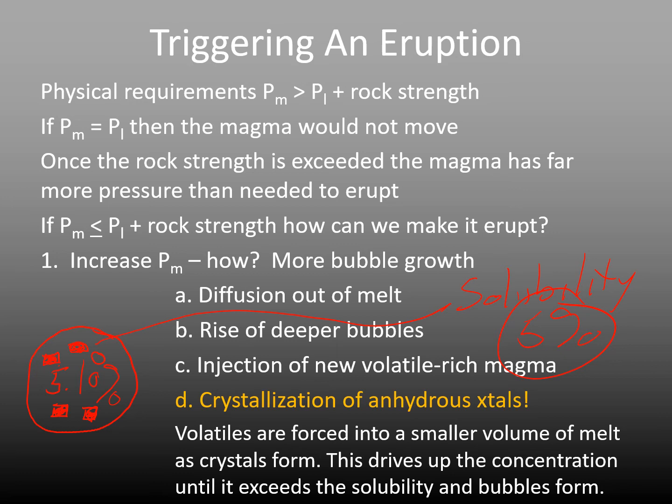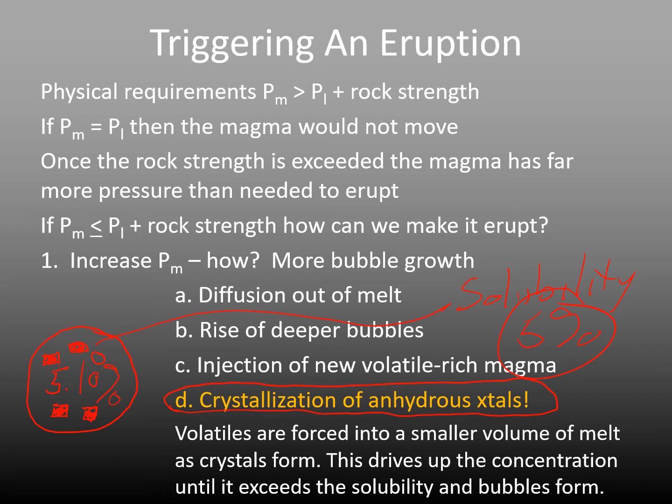This is believed to be the mechanism that made Mount St. Helens erupt, that makes dome eruptions common at volcanoes like St. Helens. So this is one I really want you to remember: if you crystallize anhydrous minerals, anhydrous means they don't incorporate water. They leave the water behind in the melt.